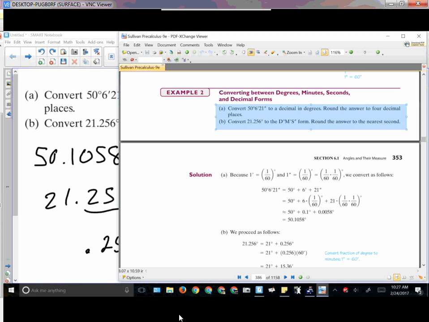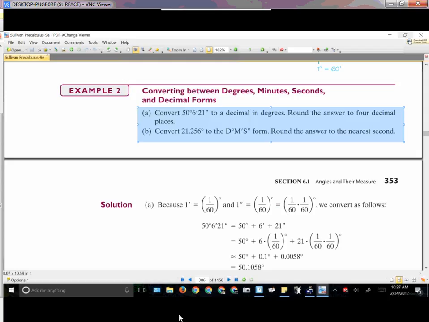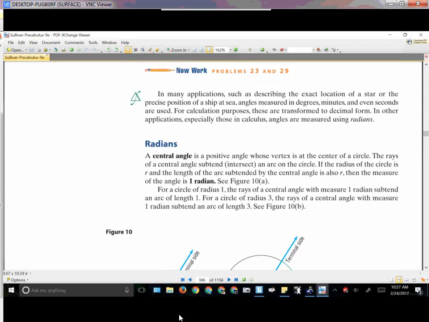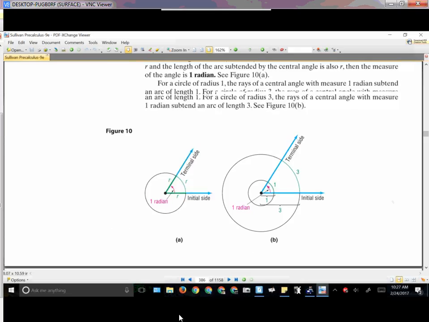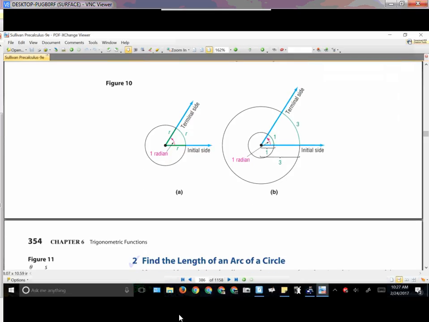All right, let's take a look at these things. Radians. Now, this is where things start getting a little interesting. So yes, I am trying to make things really difficult for you now. We can measure circles in 3 different ways.